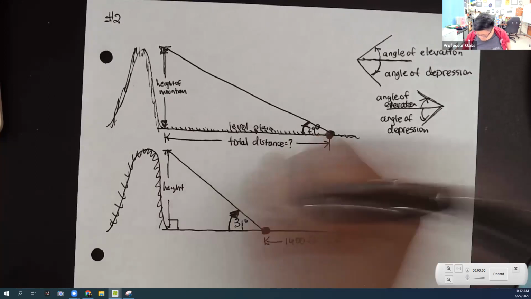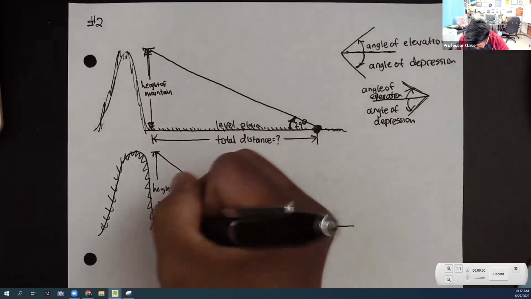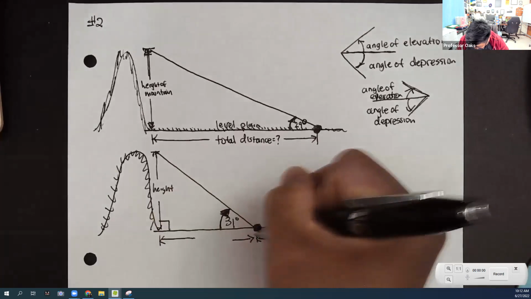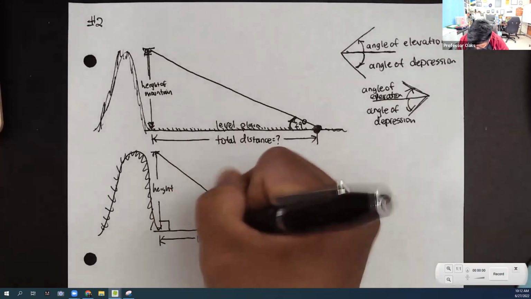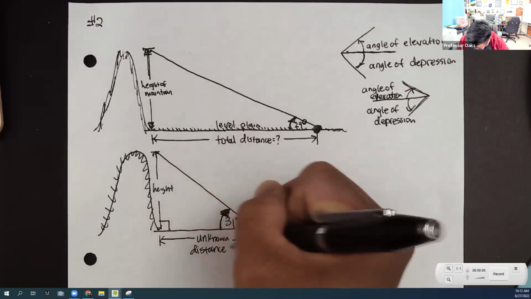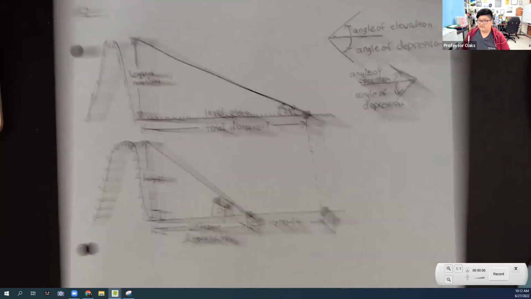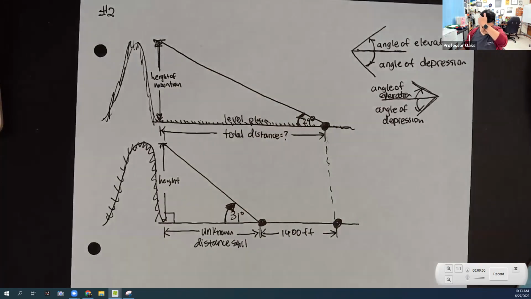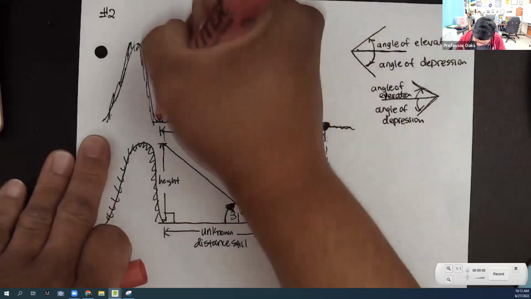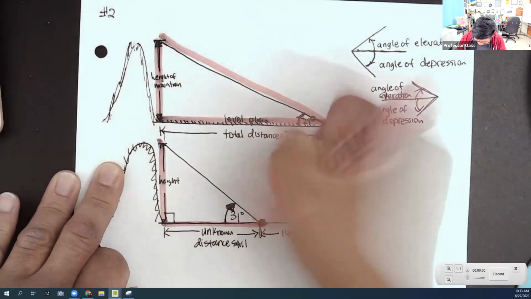What I'm saying is that this distance right here is still unknown, and you also have the total distance that you don't know. The reason this gets a little bit tricky is because you have this triangle right here, and you have this triangle right here.